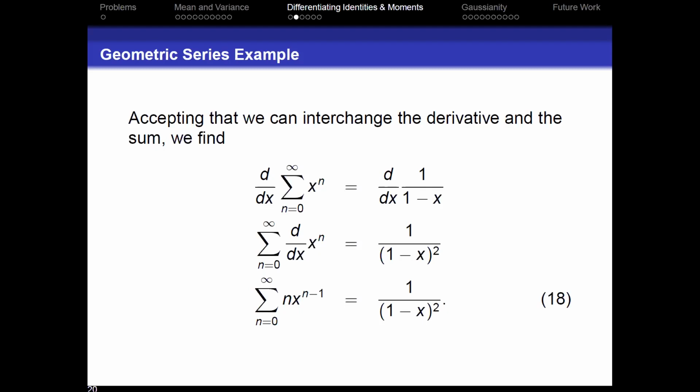How do you get the second equation from the first one? The derivative of a sum is the sum of the derivatives. And then the derivative of 1 over 1 minus x, that's (1 minus x) to the negative 1. So it's negative 1 times (1 minus x) to the negative 2. And the derivative of 1 minus x is negative 1. So the two negative signs reinforce.